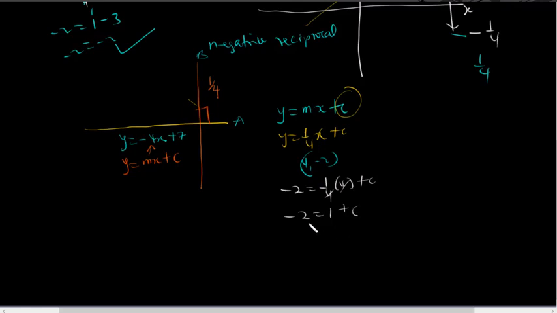So if I subtract 1 from each side, I have -2 minus 1, and here too I have 1 plus c minus 1, so that I can have my c. So my c will be equal to -3. So this implies that y is equal to 1/4x minus 3.